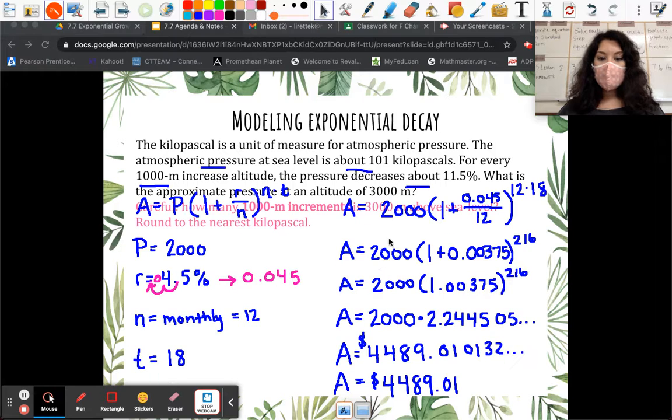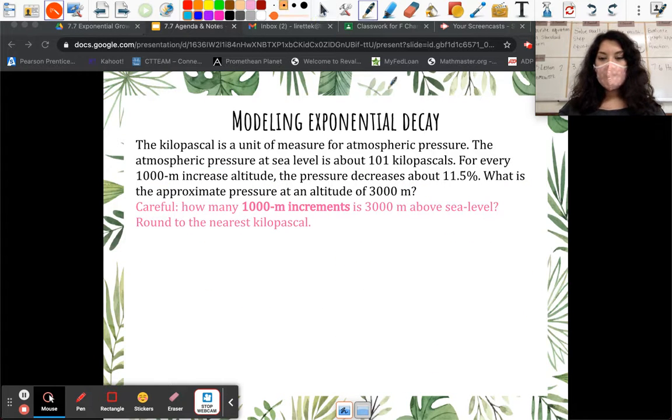Let's take a look at another example here. And again, based off the title, you would know that this is going to be modeling exponential decay. But if it didn't say that, then you would use the key words and phrases to help you figure that out. It says the kilopascal is the unit of measure for atmospheric pressure, and I hope I'm pronouncing that right.